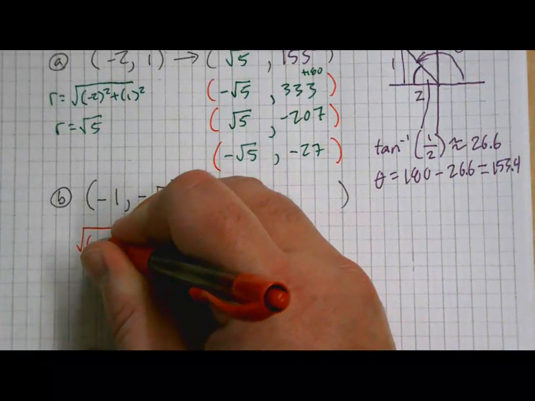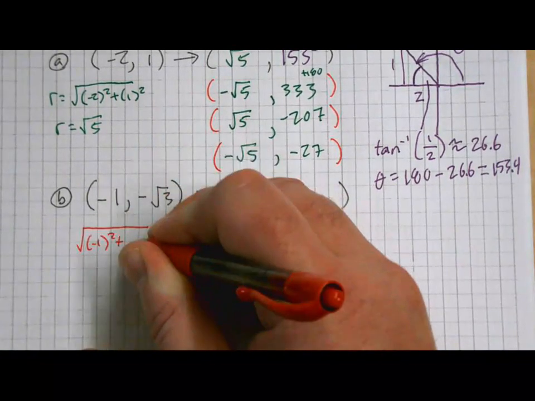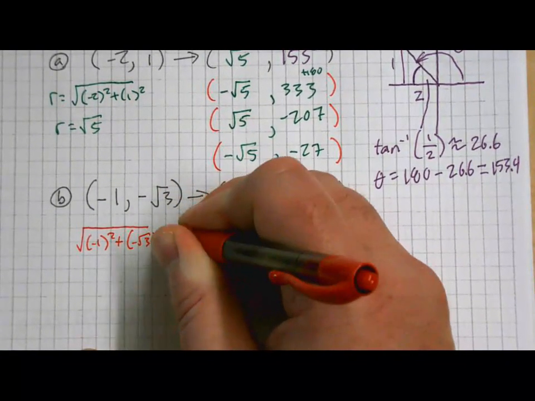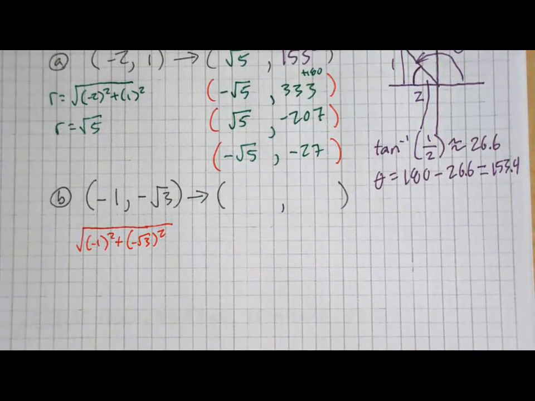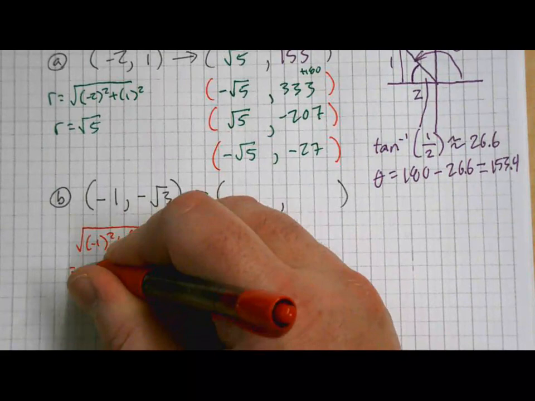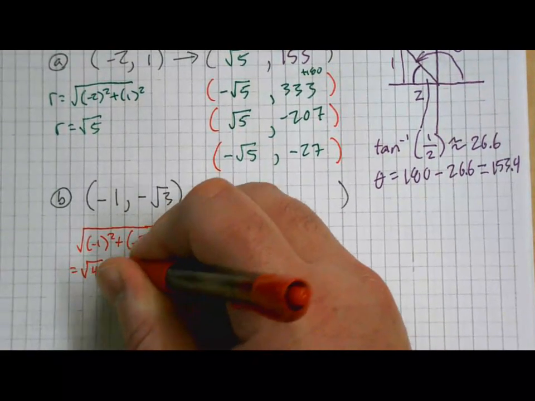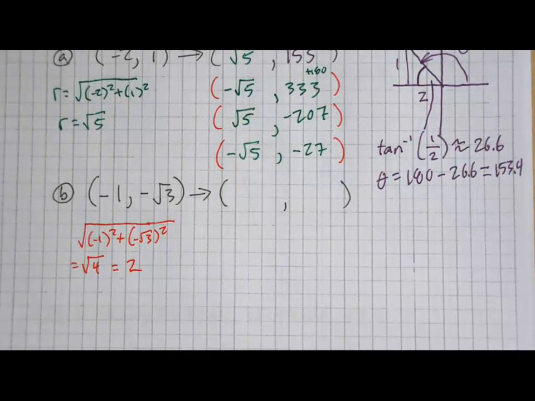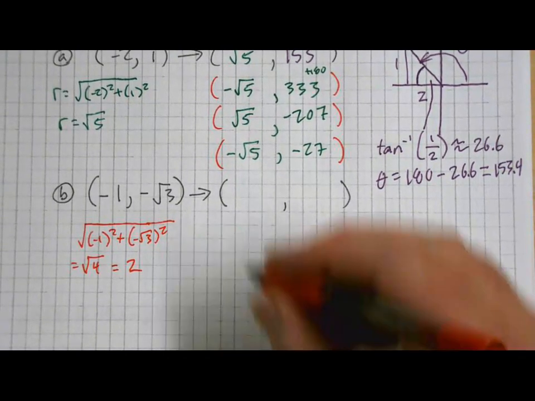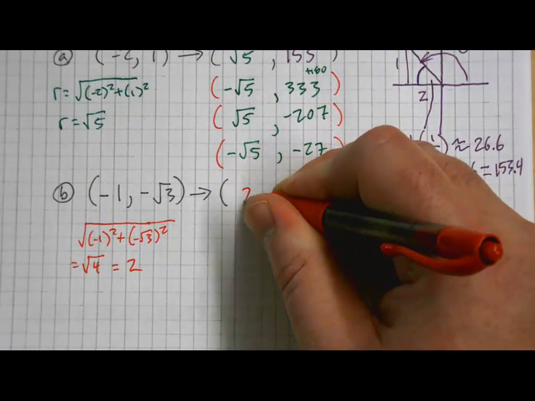Negative 1 squared plus negative root 3 squared. Huh. Yeah, I agree. Interesting.